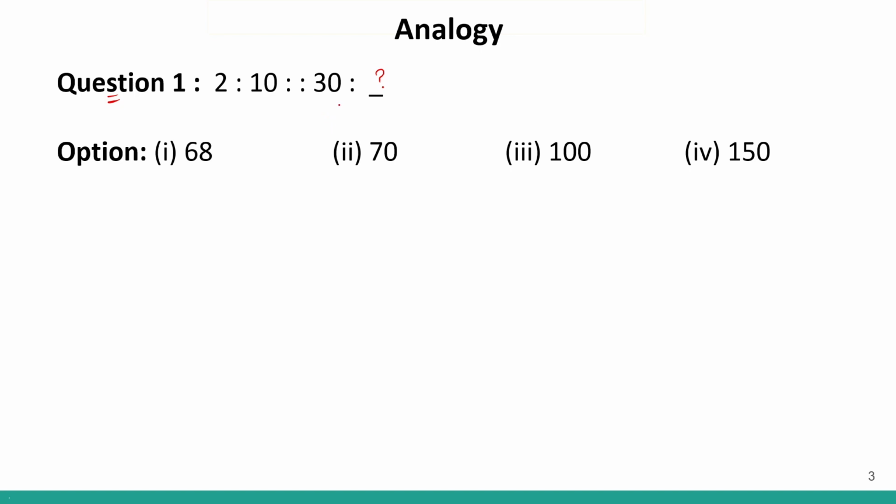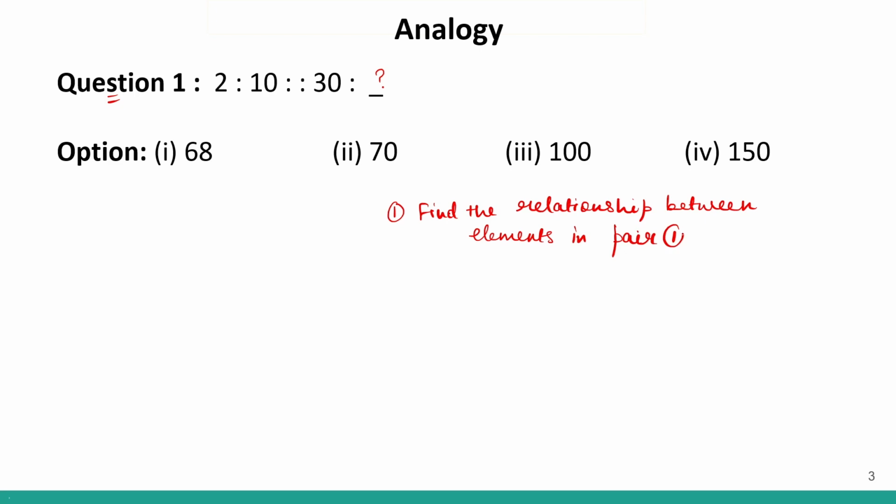So how do we proceed for questions on analogy? The first step is to find the relationship between the elements in pair 1. This is your pair 1. What is the second step in analogy?